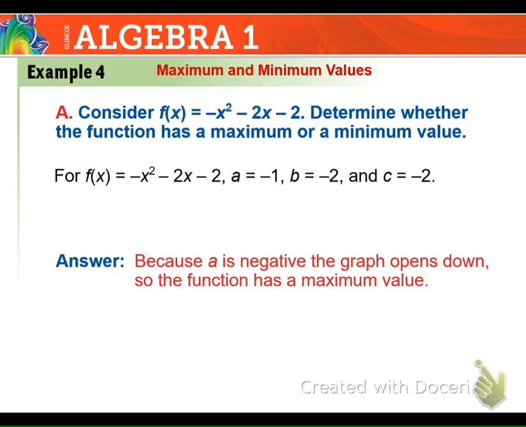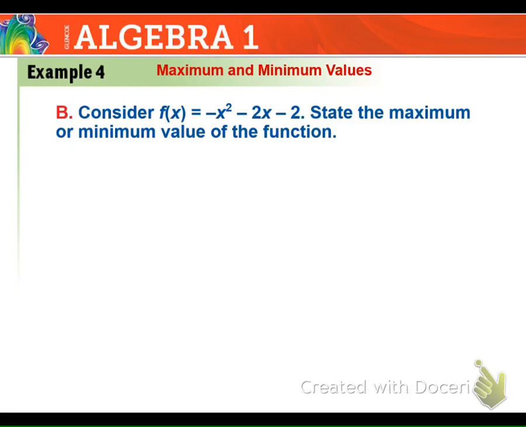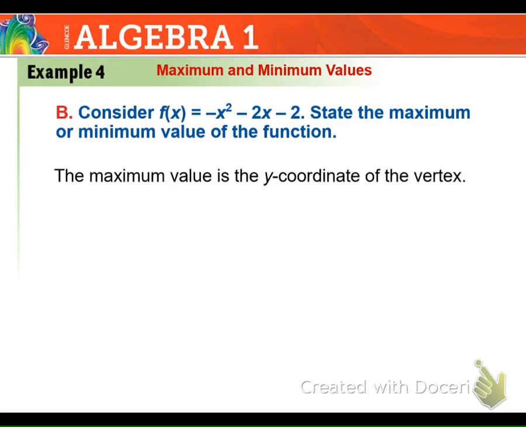So same equation. Let's actually state what the max and min is. So the actual max value will be the y-coordinate of our vertex. So to find the y-coordinate, first I have to go and find my x-coordinate. So we don't want to forget the first value.